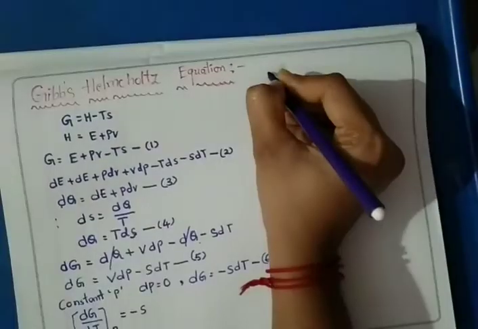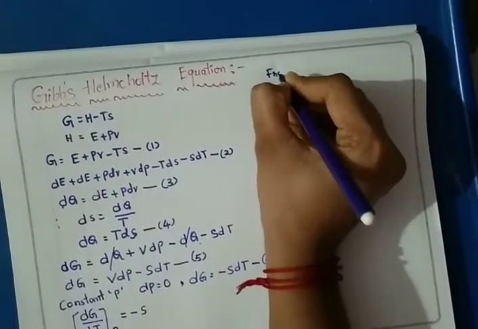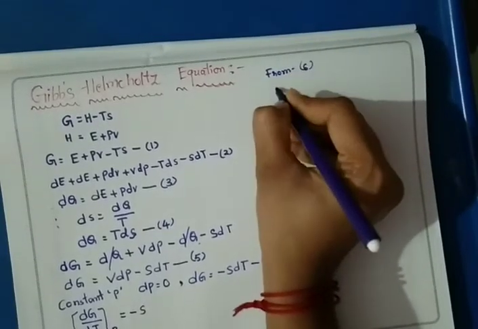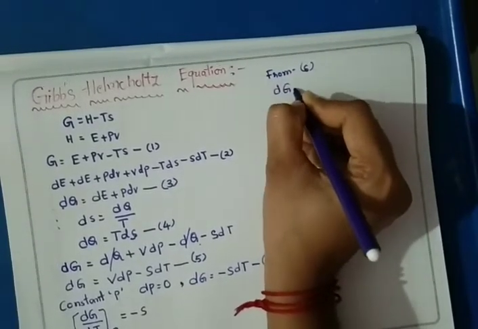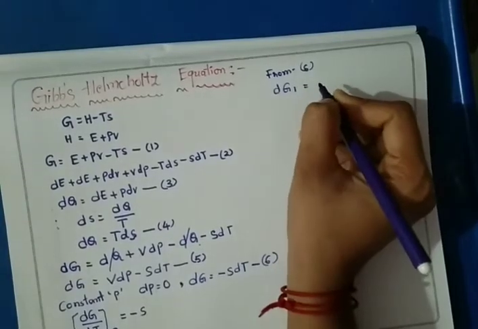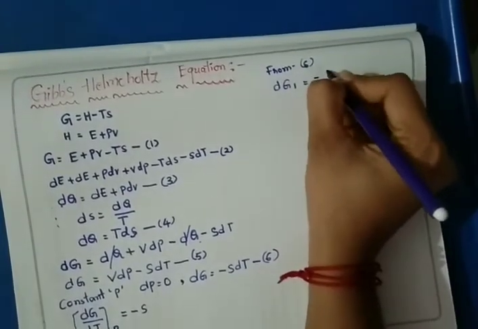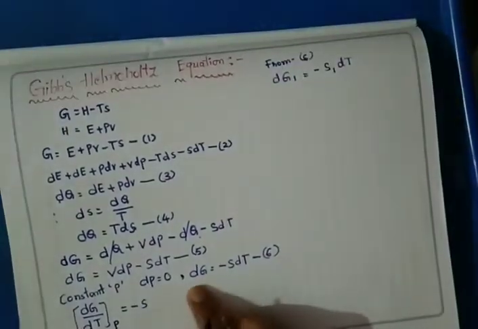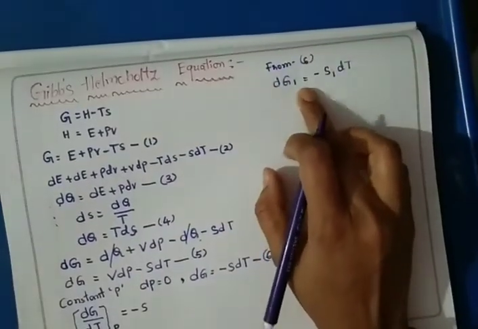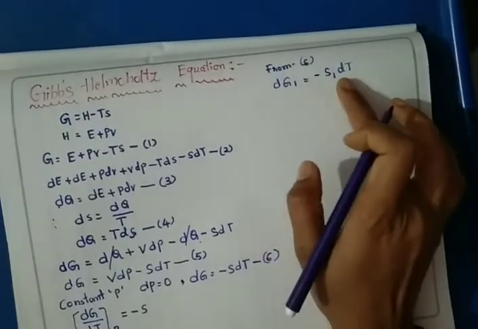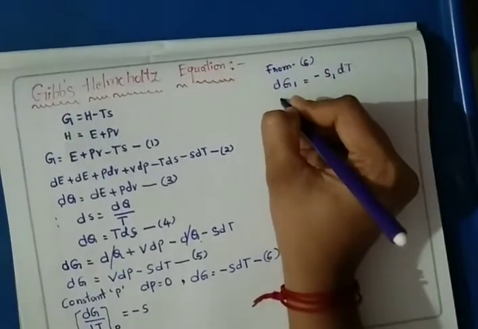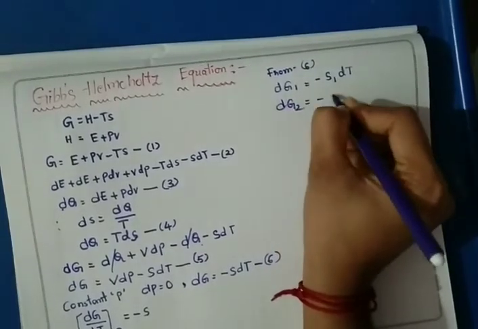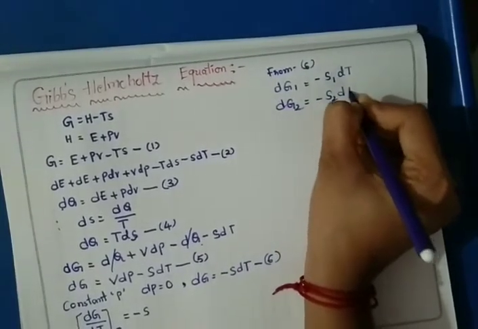So from the sixth equation, dG1 is equal to minus S1 dT, and as usual dG2 is equal to minus S2 dT.